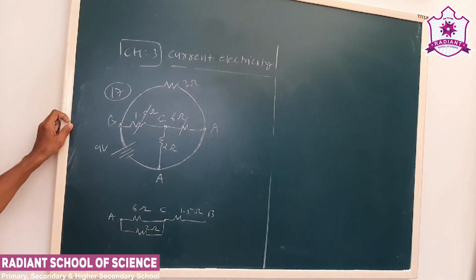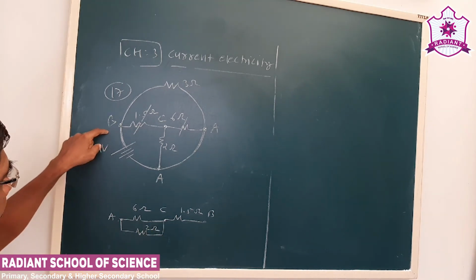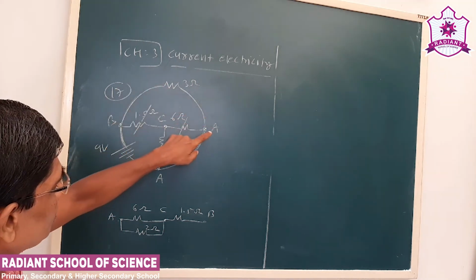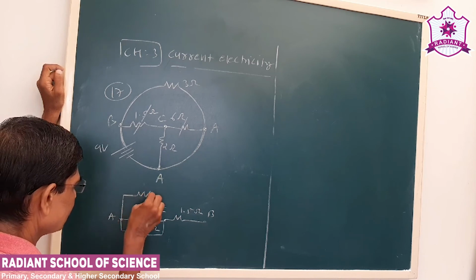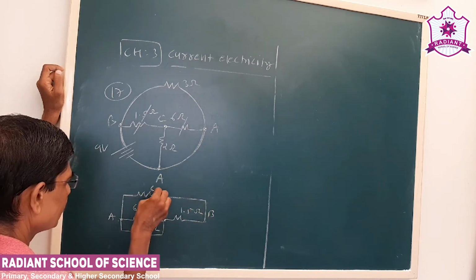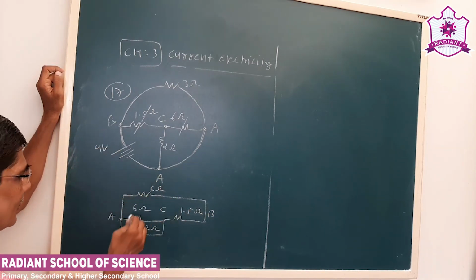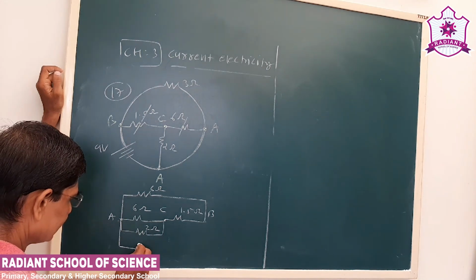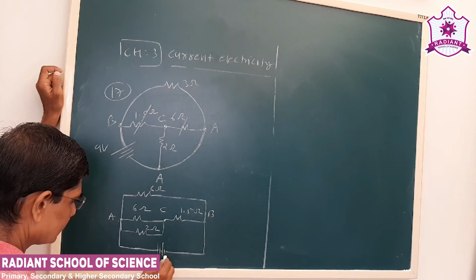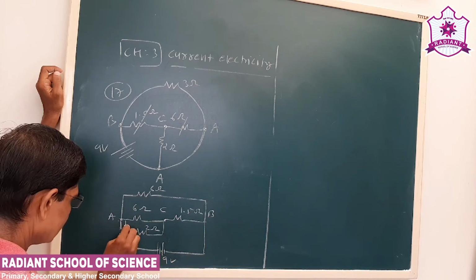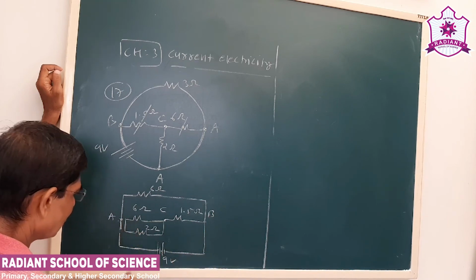And a 3 ohm resistor between A and B. Again the battery is between A and B.